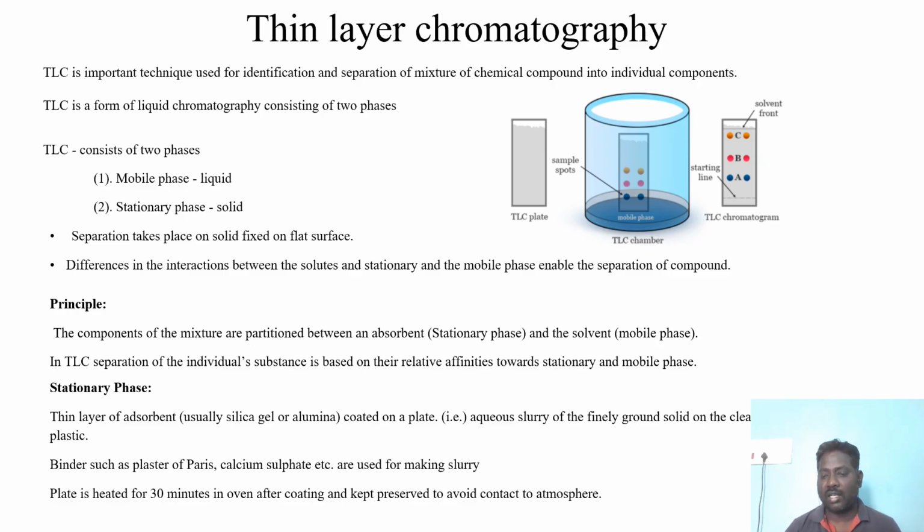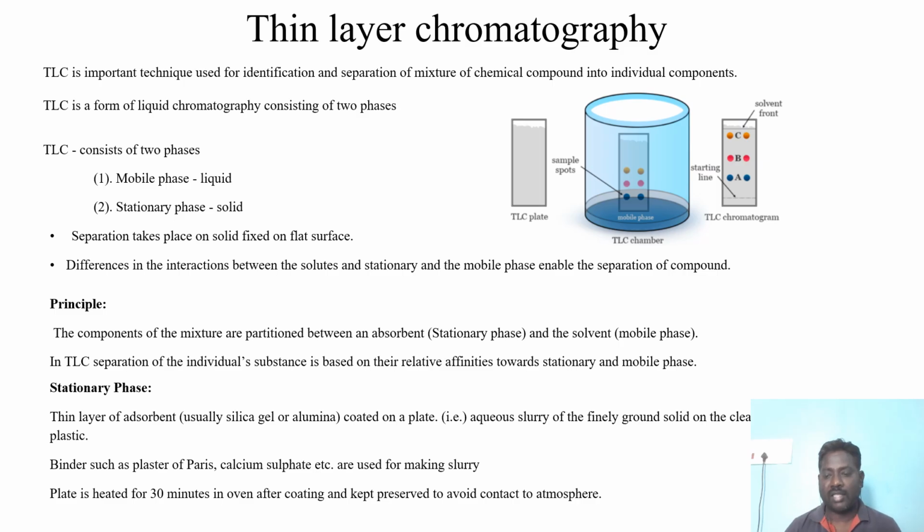To make it a slurry, first the alumina powder or other active solid is finely ground to attain uniform particle size. This uniformity in size of the active solid makes the separation very efficient.